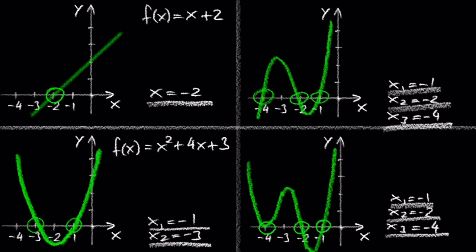So the zeros of a function are the points where the graph of a function crosses or touches the x-axis. Crossing or touching the x-axis means that the y-coordinate is 0.